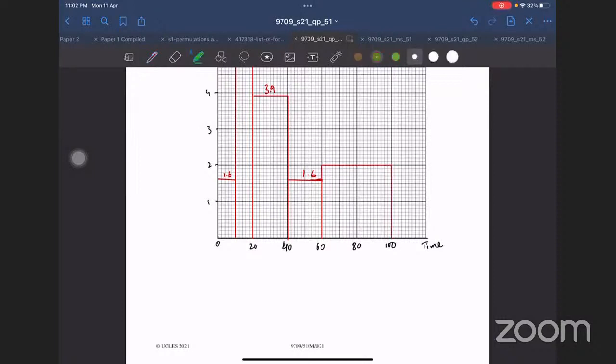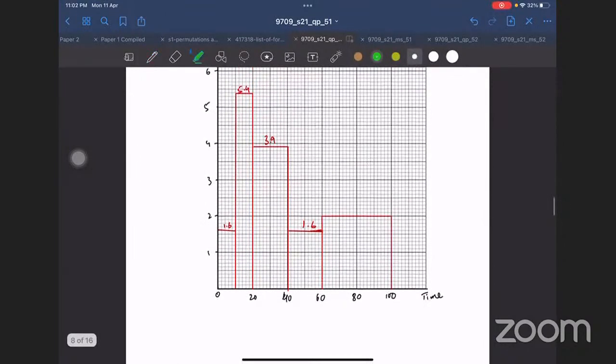Okay, a bit of shading inside. Okay. Although this shading looks really weird, so let's just get rid of it.